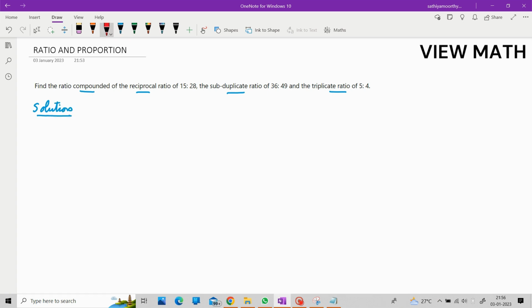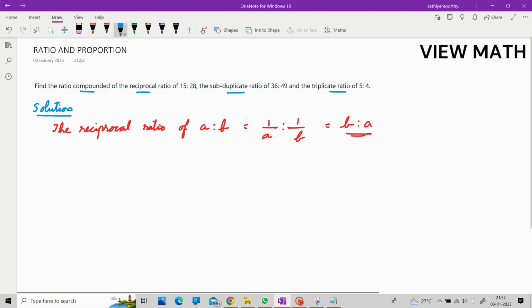So first let me do the reciprocal ratio of 15 is to 28. The reciprocal ratio of A is to B is equal to 1 by A is to 1 by B, which is equal to B is to A. We know this, so I'm going to use the same form to find out the reciprocal ratio of 15 is to 28.